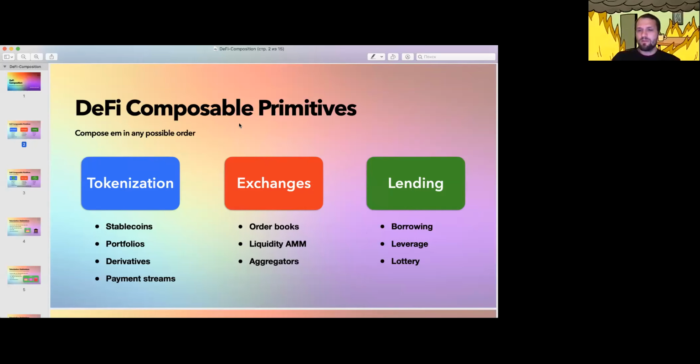Okay. So lending, I see three different applications of lending. First one is borrowing, when you really need to borrow something. This could happen, for example, if you have Ether and don't want to sell it because you think the price is too low.